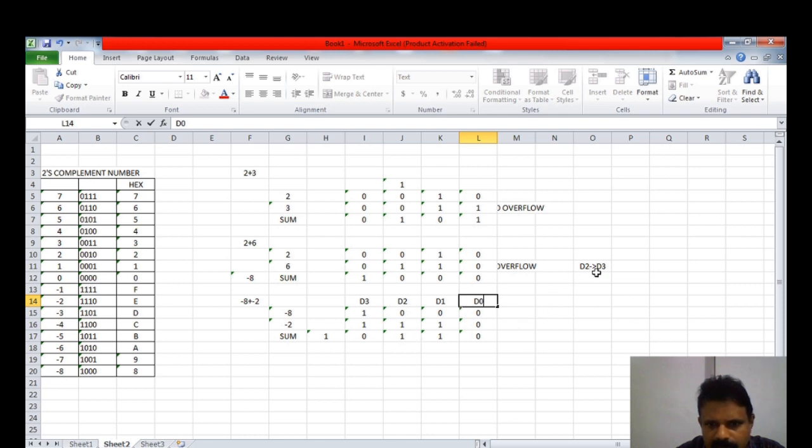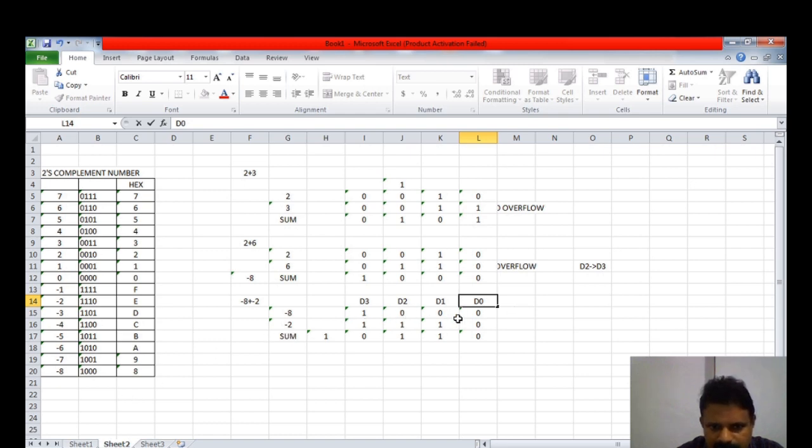Previously we said when a carry happens from D2 to D3, an overflow occurs. Is the answer correct here? -8 plus -2 is -10. It is out of the range, so there is an overflow.